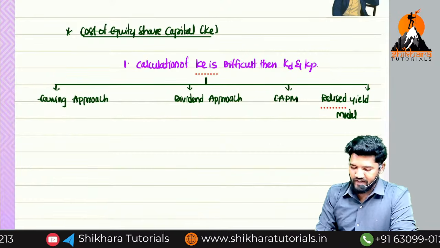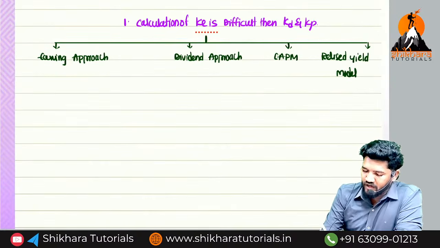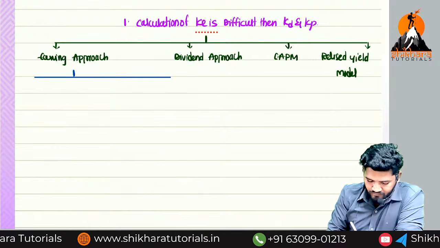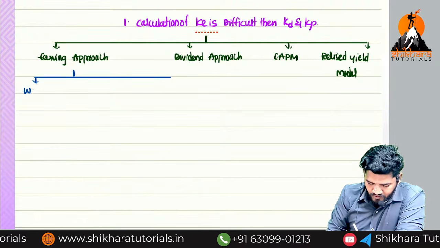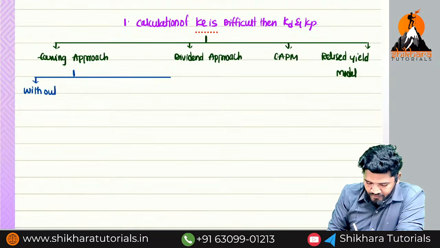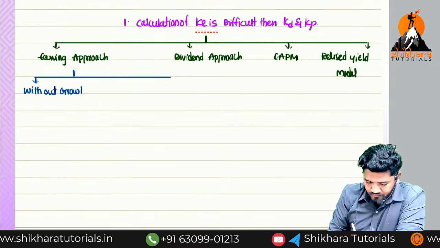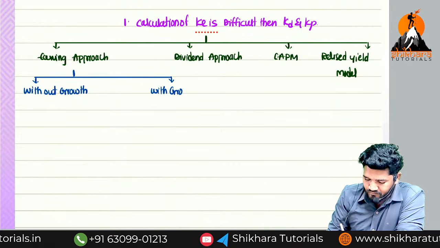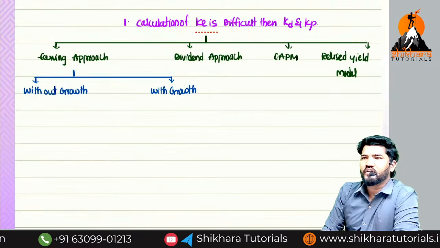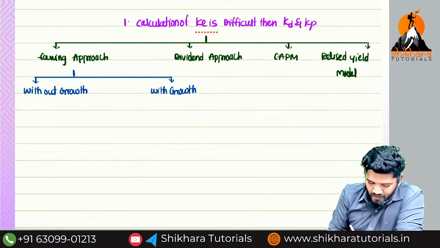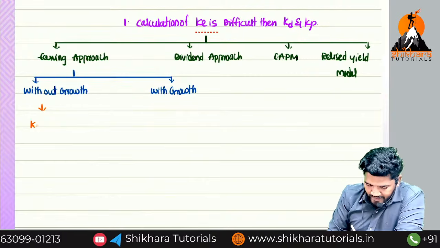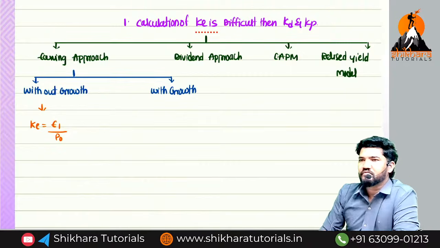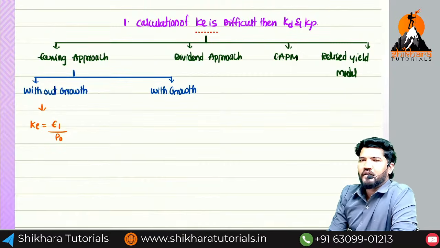Okay, then fine. When it comes to the earning approach, here we are doing it in two ways: without growth and with growth. When it comes to without growth, KE equals E1 divided by P0.